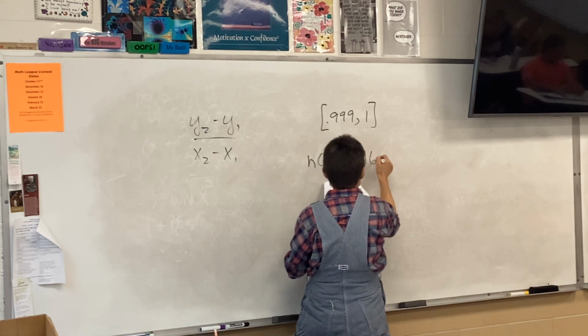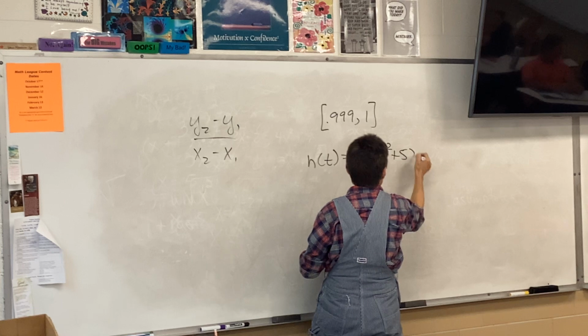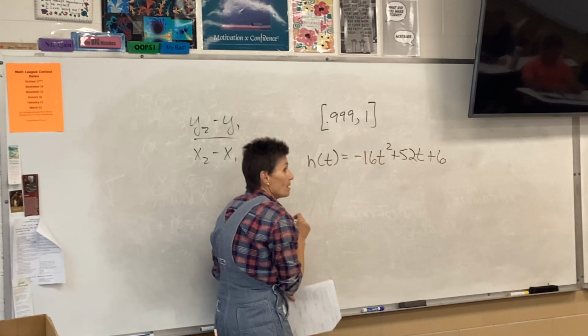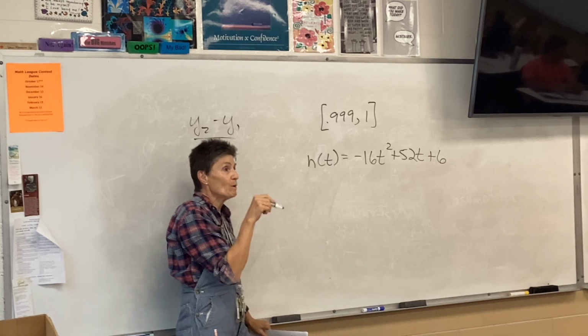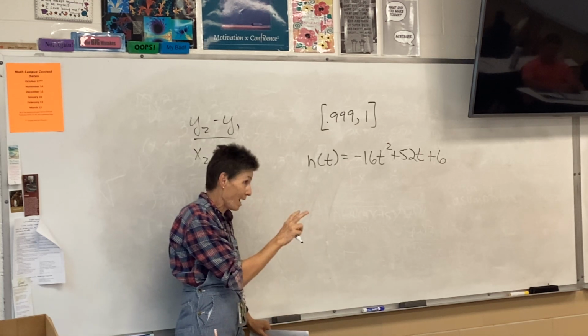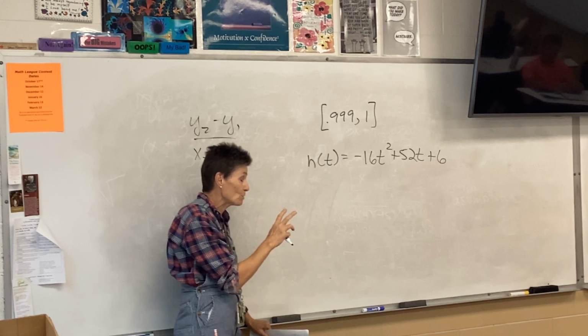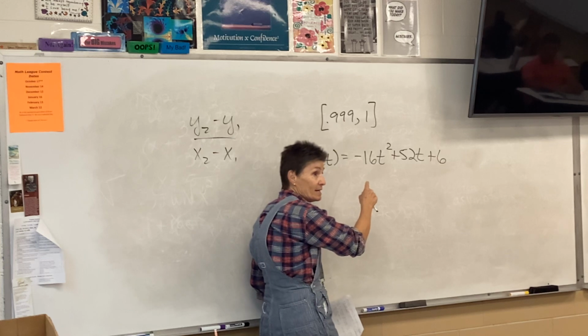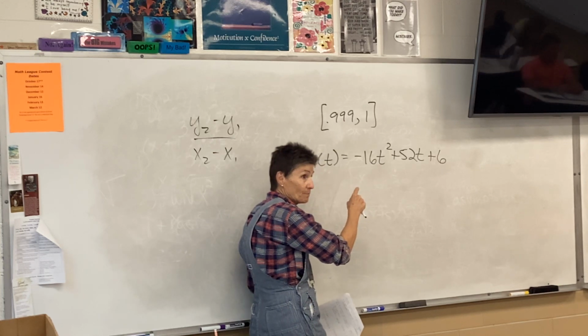All right, so our function is this. If we write this out mathematically, remember we need our y's to find the average rate of change. Let's find the y's. You plug in the x's.